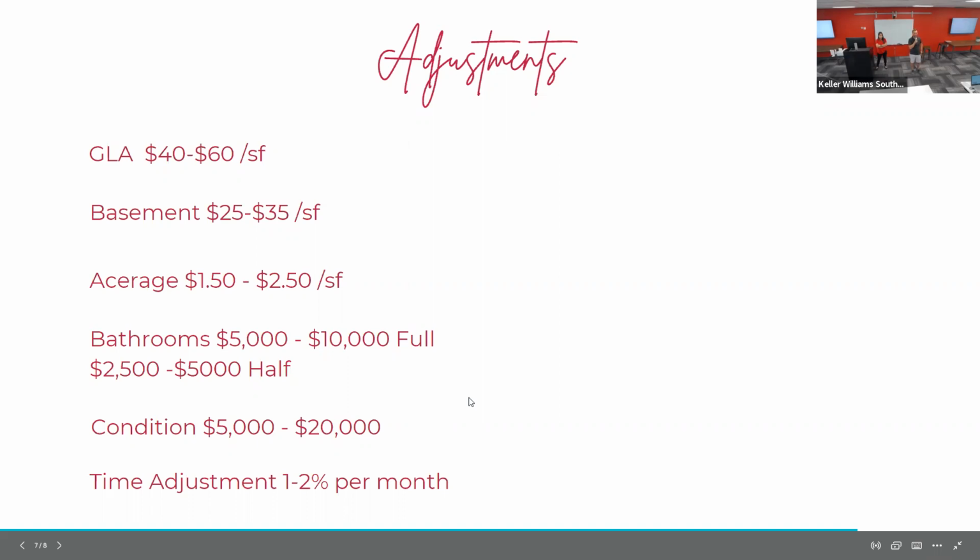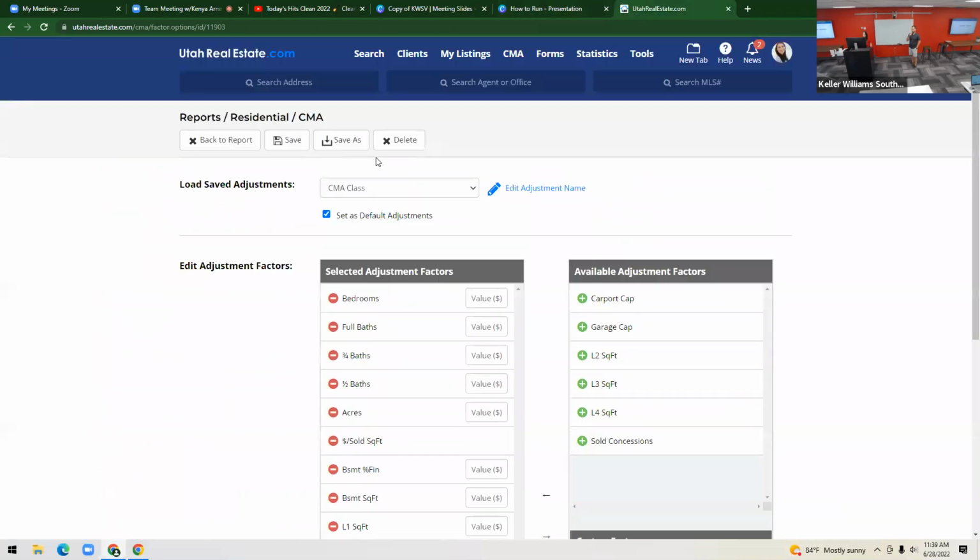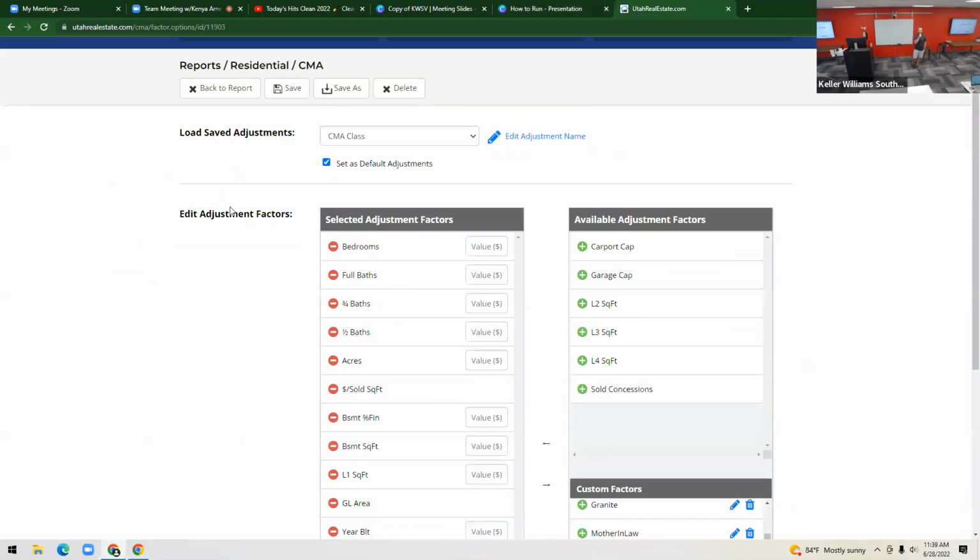Does it count whether it's finished or unfinished? So I think in your CMA, if I'm not mistaken, you only have basement square footage. Do you have finished? Okay, good. I should have kind of broken that out then.